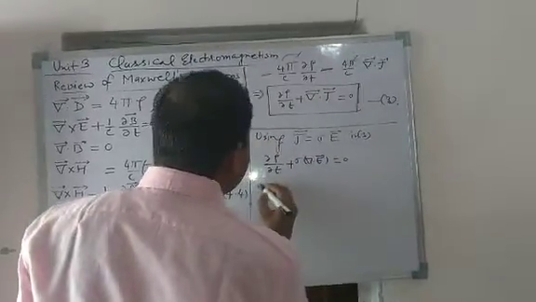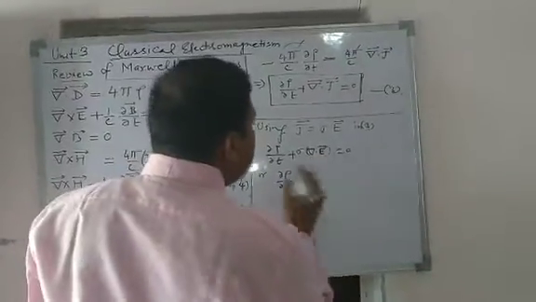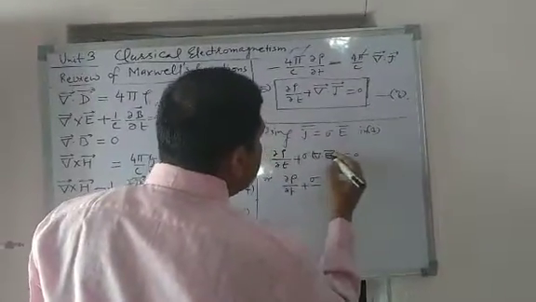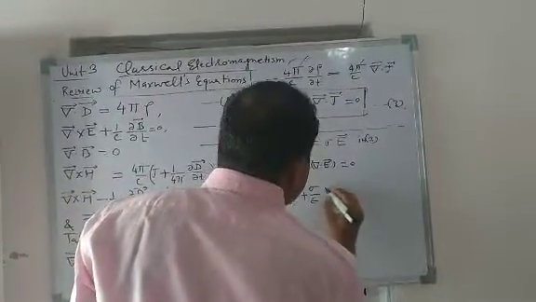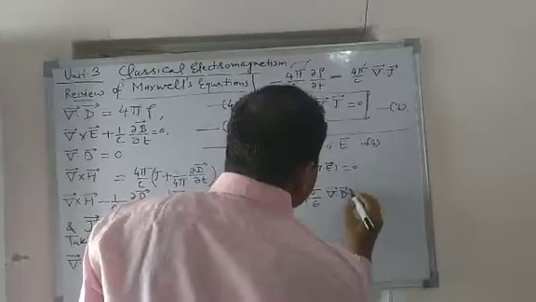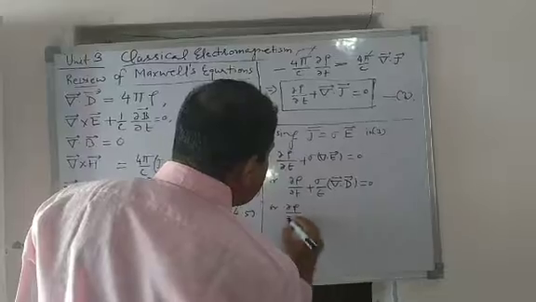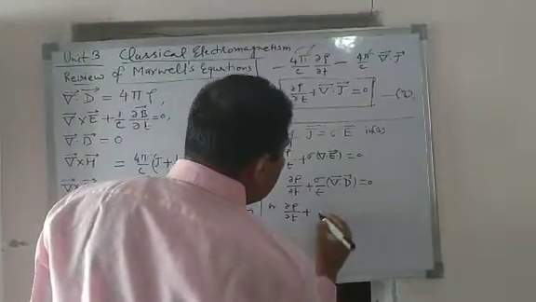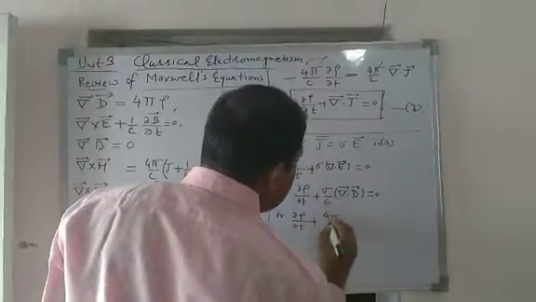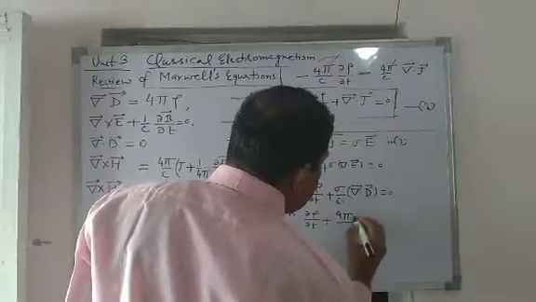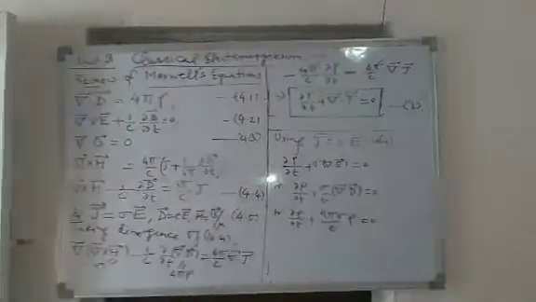E is basically D over epsilon, and using our first Maxwell's equation, del dot D is 4 pi rho. So this becomes del rho by del t plus 4 pi sigma rho upon epsilon equal to 0.